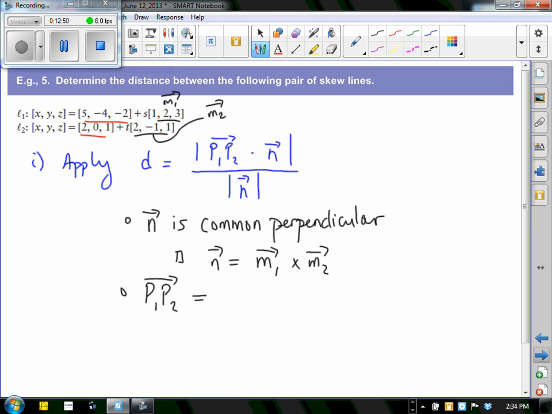The second point, P2, is 2, 0, 1. That is the vector or component representation of it, and from that we'll subtract 5, minus 4, minus 2. Okay, and we end up with, what do we have? Minus 3, positive 4, and positive 3. Okay, let's just double check that.